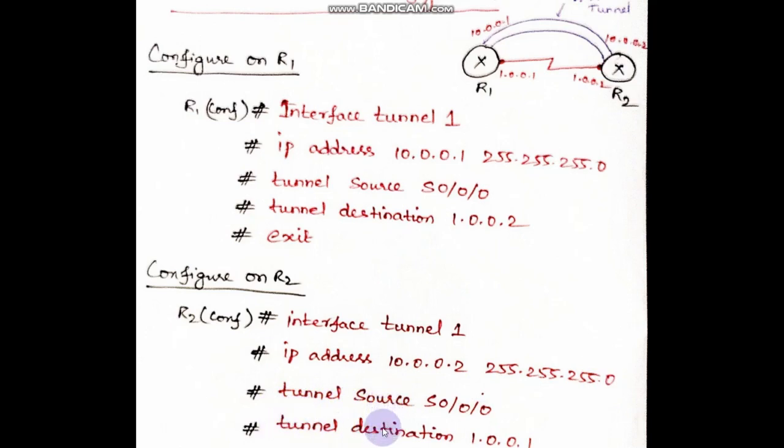Remember that for the source you need to give an interface number, and for the destination you can give the IP address directly.